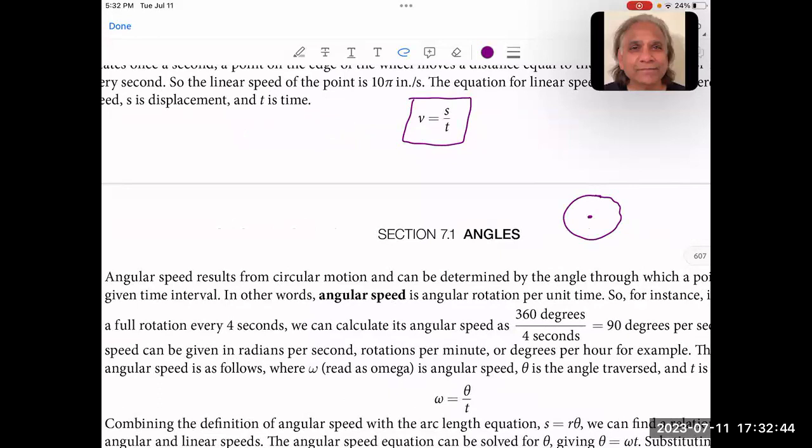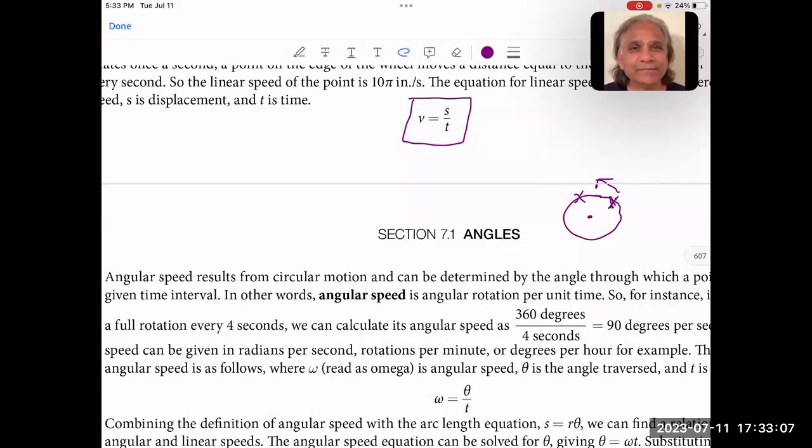And then if you consider a point at the edge of the disk and follow it as the disk is rotating counterclockwise. So at a certain point in time, the disk is over here, and let's say that at a later time, that point has moved to there.